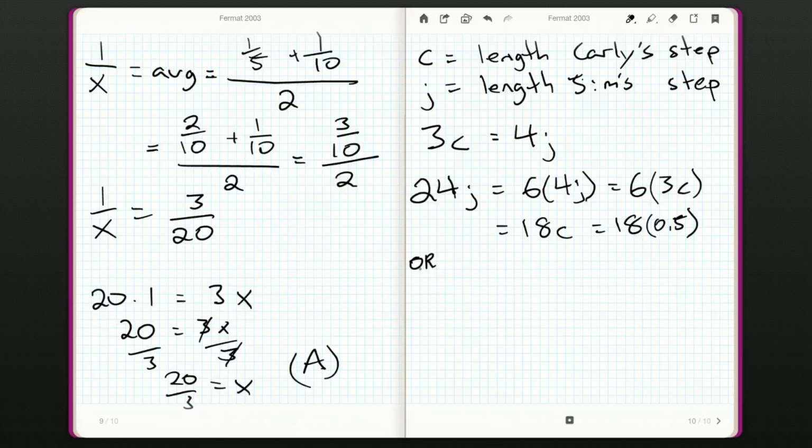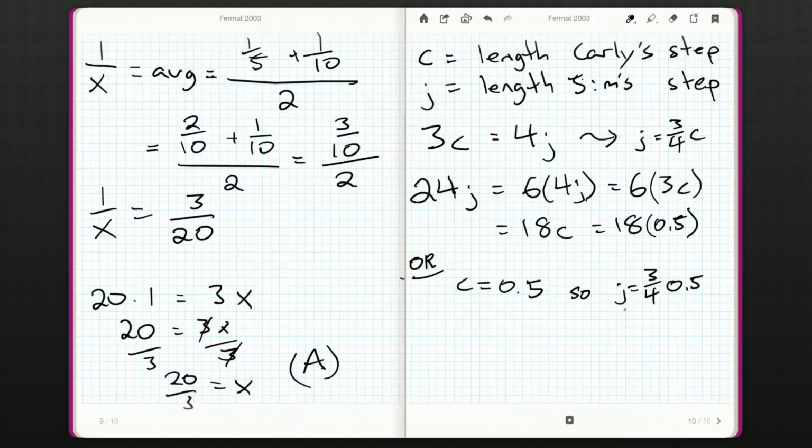Or we could say, well, C is equal to 0.5 meters. And if we rearrange this equation up here, we see that J is 3 divided by 4 of C. So J is 3/4 of 0.5. And that's, what, 0.375, I think?